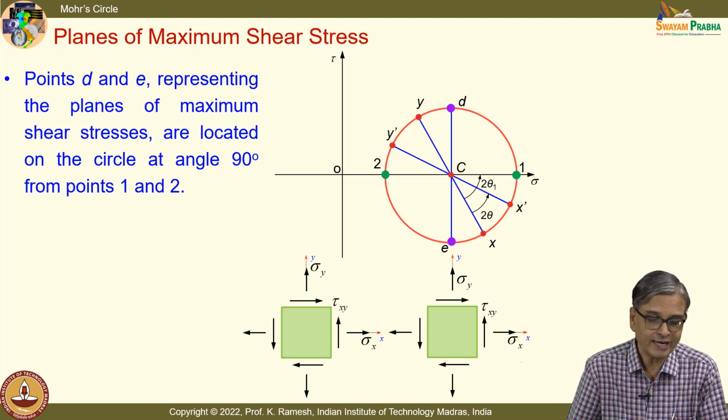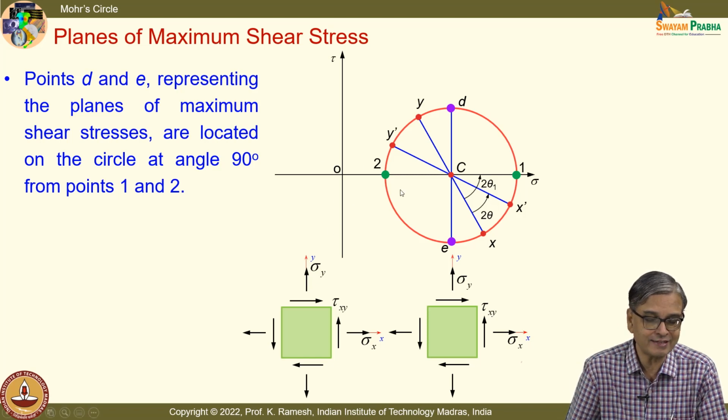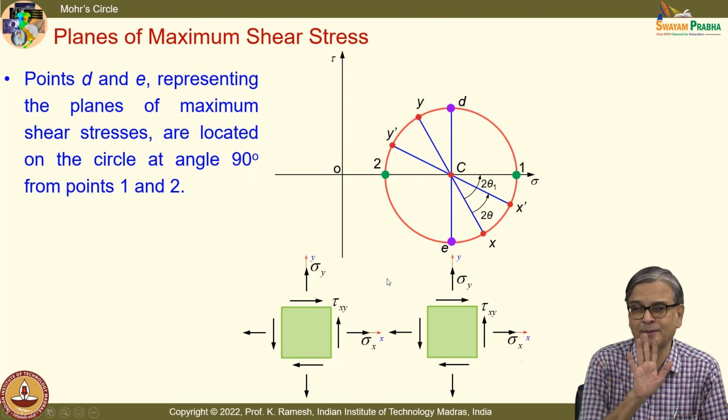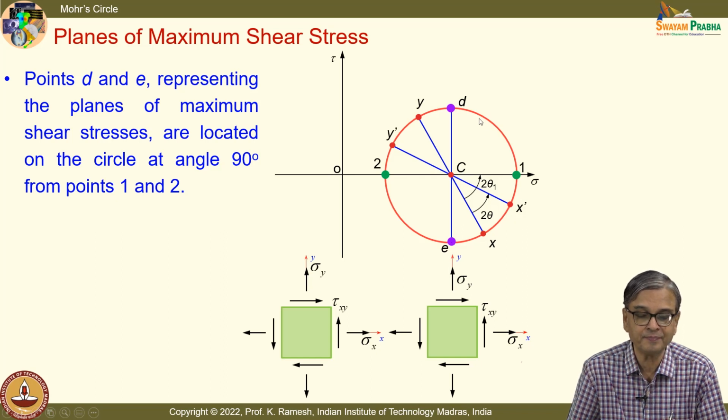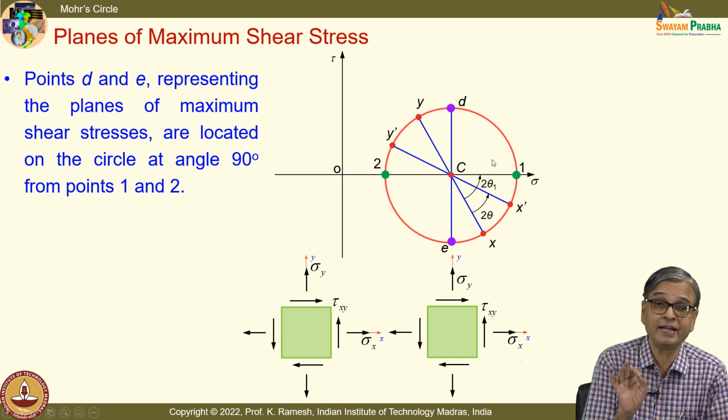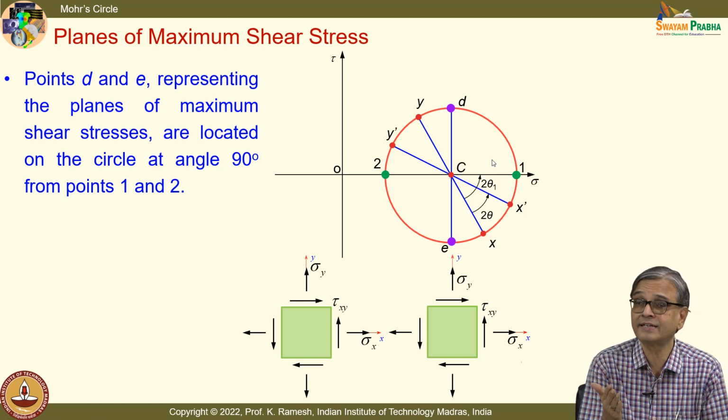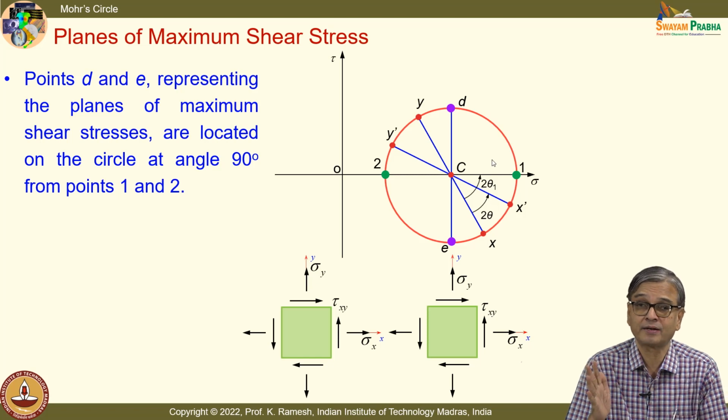The interest while developing this was, I do not want to have this line inside, so that it obscures the clarity of the basic concepts. Whatever we have discussed does not affect the principal stresses or the understanding that each point on the Mohr circle represents a plane, and a plane is designated by its outward normal.